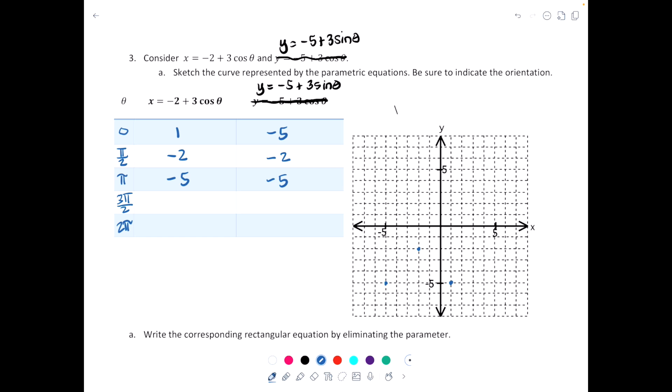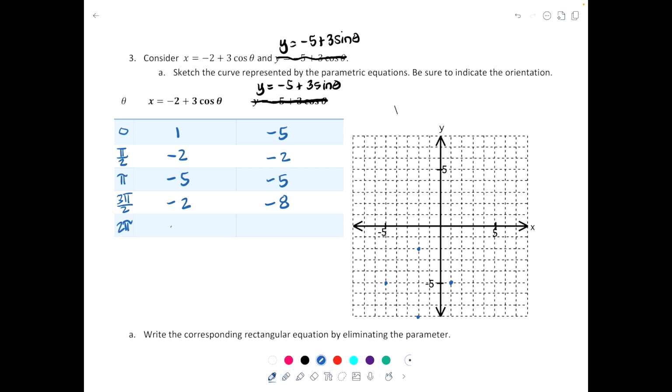At 3 pi over 2, cosine zeroes out, so I'll be back at -2, and the sine function is -1, so we'll have -5 minus 3, which is -8. So we'll be at -2, -8. Then at 2 pi, we should be back to our very first ordered pair, 1, -5.